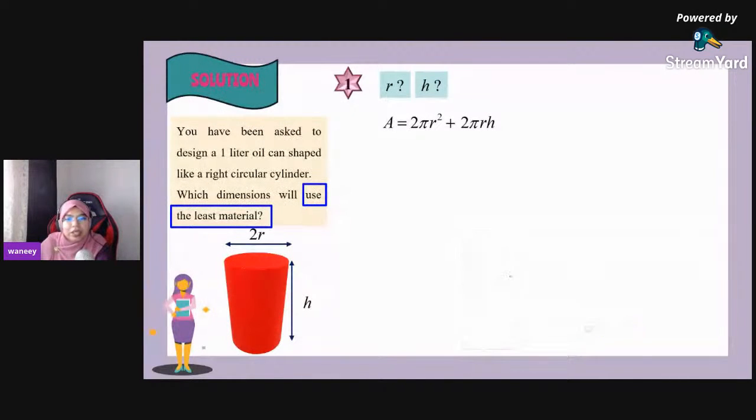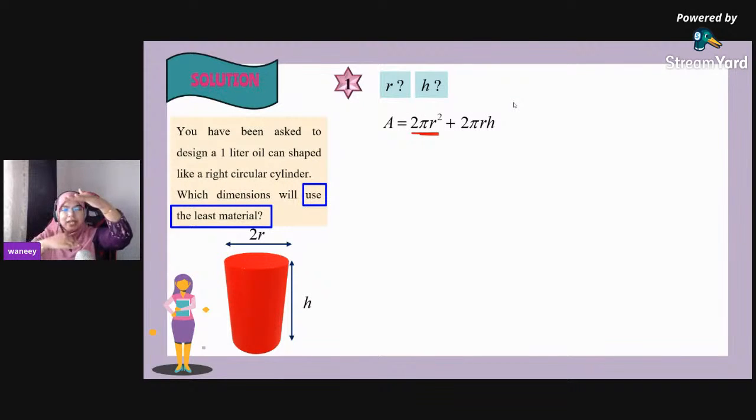Okay, so why do we have 2 pi r squared? So we have a can, right? So we should have two circles. One on top, one at the bottom. So that is why you have 2 pi r squared. 2 pi r h simply belongs to this shape here. So this is 2 pi r h. This is pi r squared.